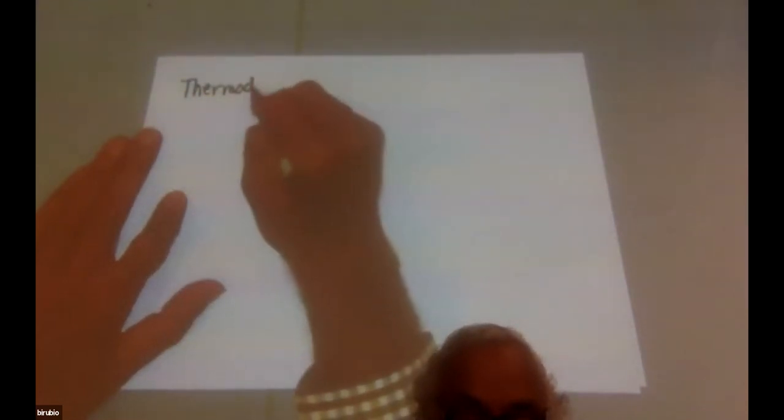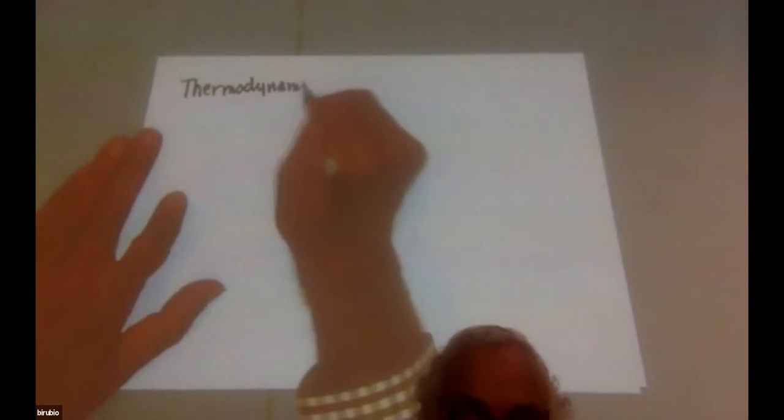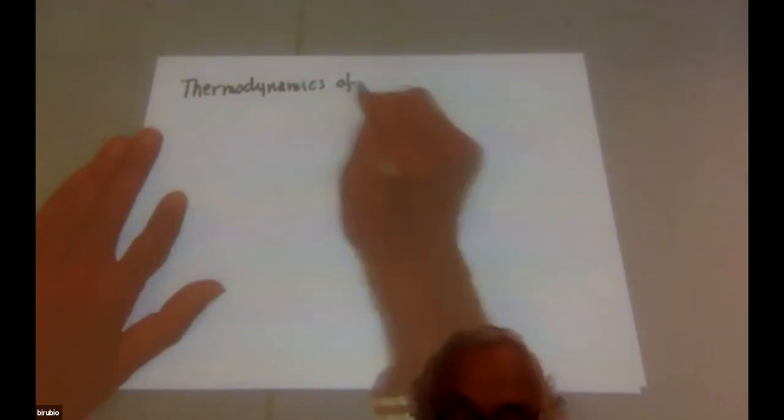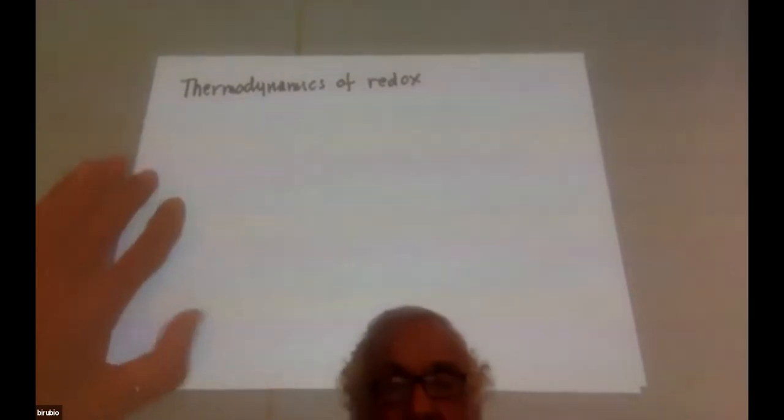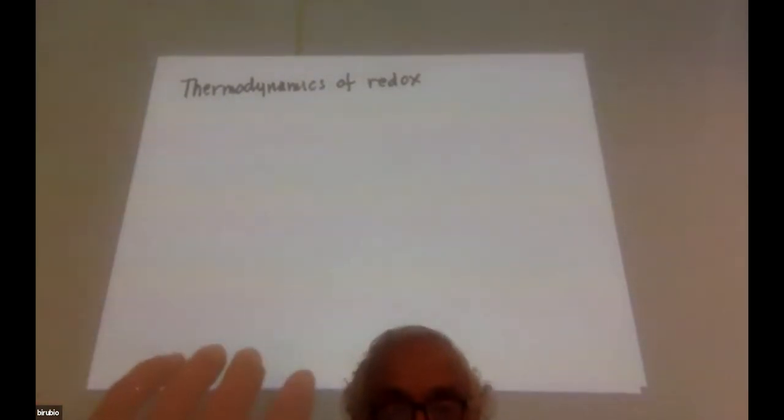It would be a waste to throw away all of that great chemistry that you learned in Gen Chem. So now what we're going to talk about is the thermodynamics of oxidation and reduction, which is conflated in this term called redox.